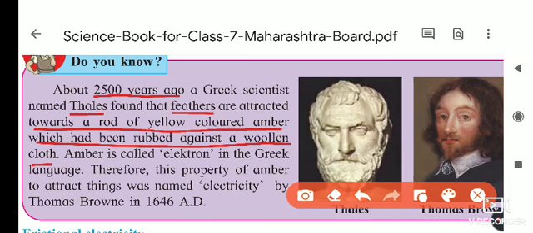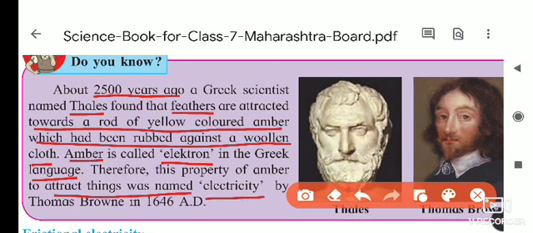So it gets attracted towards that amber when we rub it against the woolen cloth. And what is amber? Amber is called electron in the Greek language. Therefore, this property of amber to attract things was named electricity.